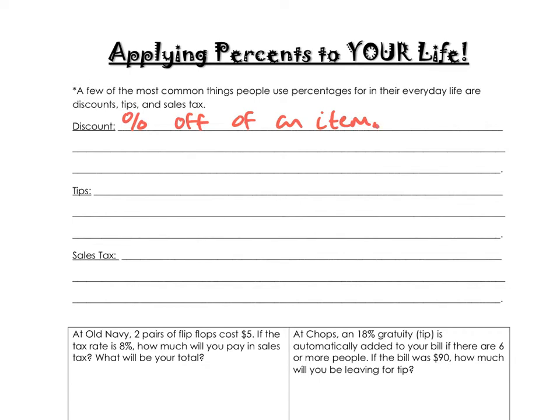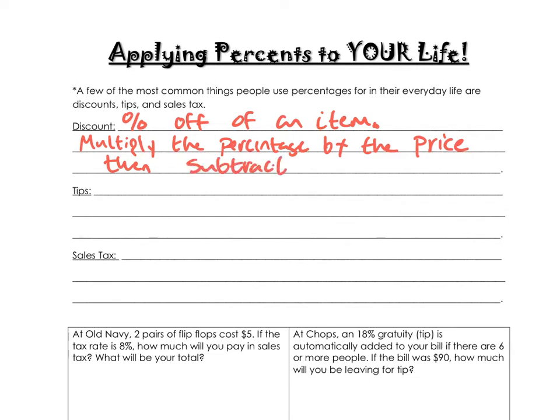So what you have to do to get this is you multiply the percentage by the price, then subtract it. Okay, so it's a two-step process when you're finding a discount on something. So what you would do is you would take the discount, multiply it by the total, and then whatever you get out, you have to subtract from the total.